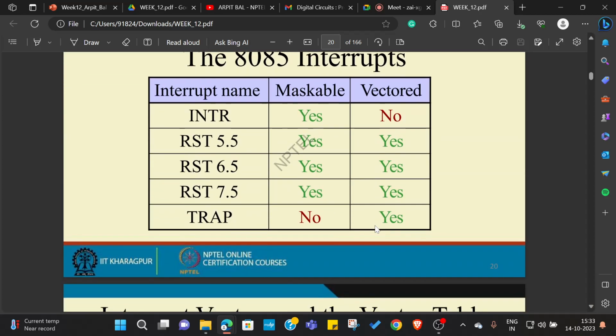So this was covered in a table, and I'll note it down.